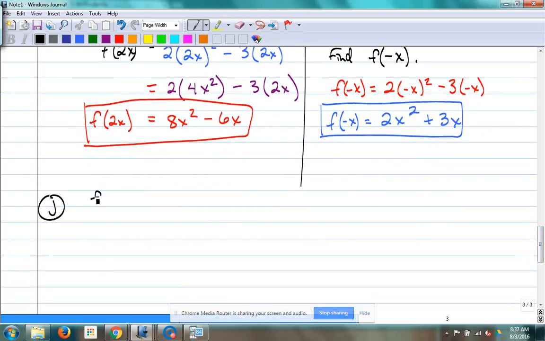So let's say we had a function, f of x is equal to, let's just use that same one. It seems to have some interesting things happening to it. And they want us to find negative f of x. What in the world? Negative f of x.